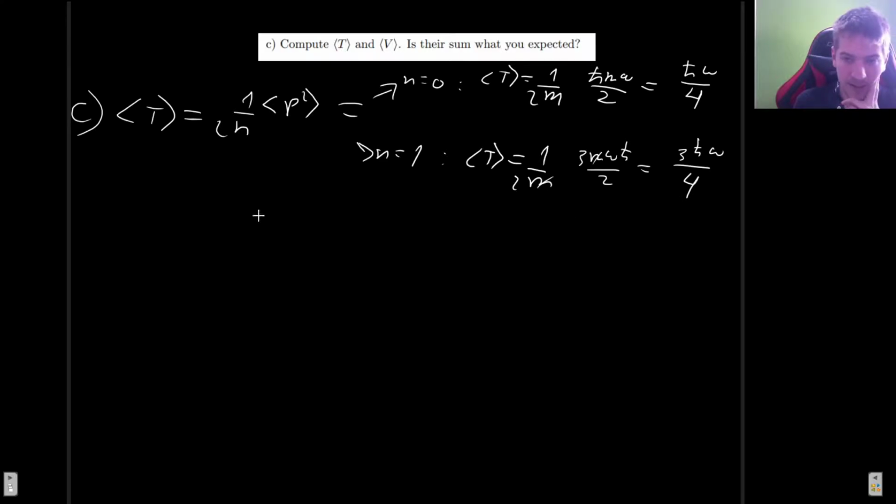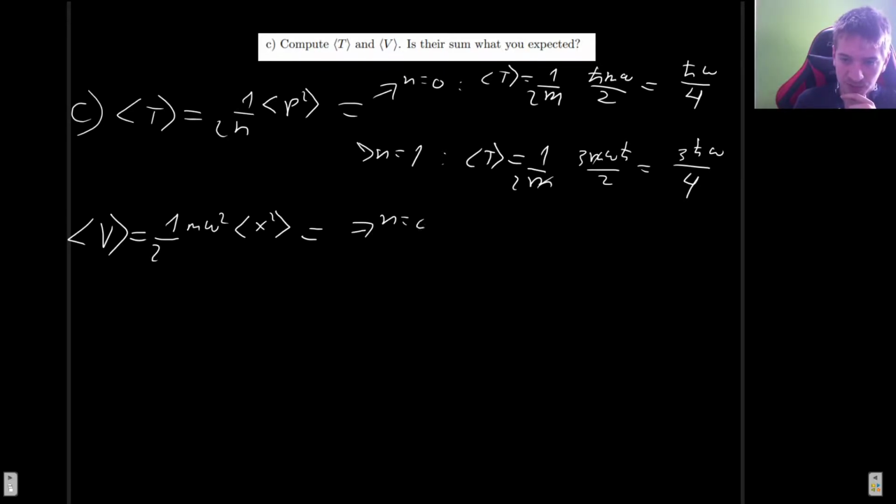Now for the potential energy. The potential for this quantum harmonic oscillator is just 1/2 m omega squared times the expectation value of x squared, right? So let us now put in here the expectation values of x squared for each case.